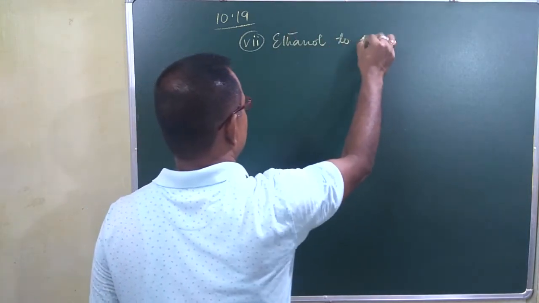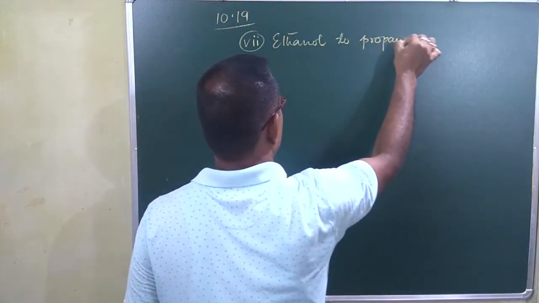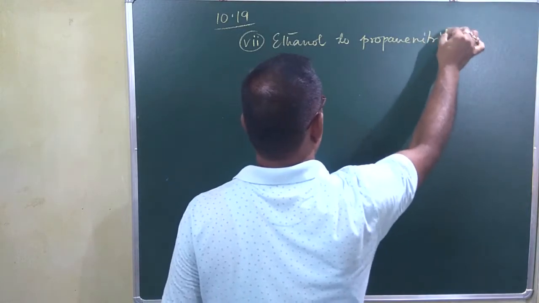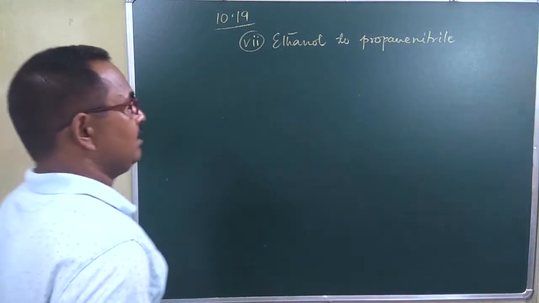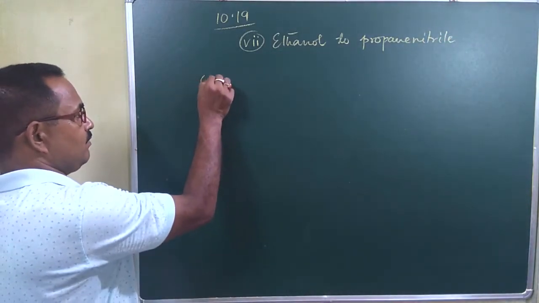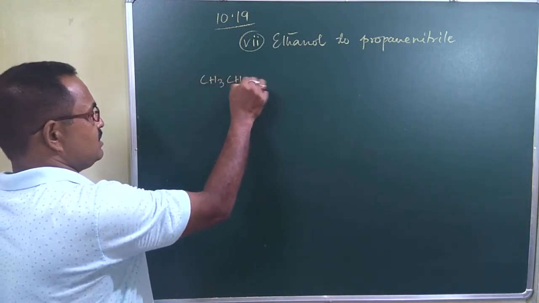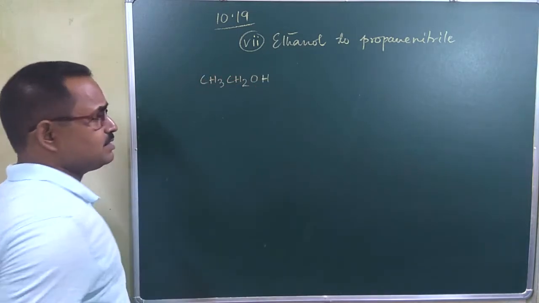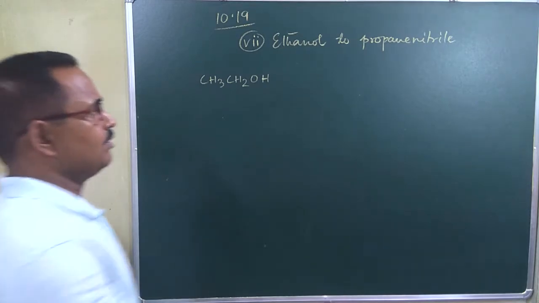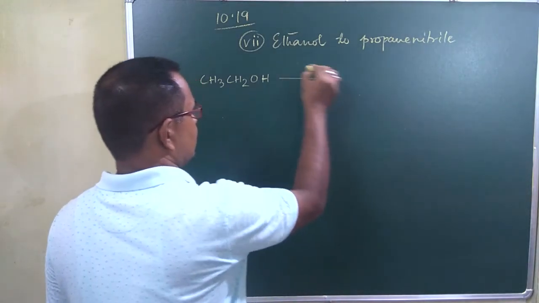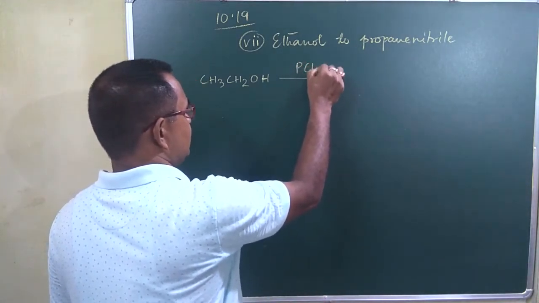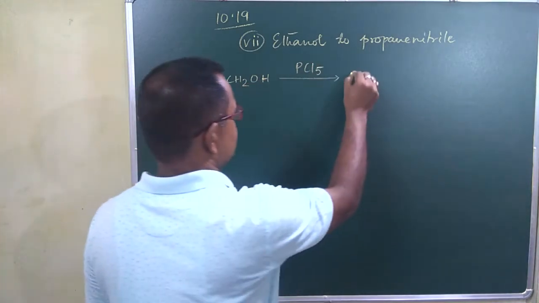Then come to number 7. Ethanol to propane nitrile. CH3CH2OH, this is ethanol. So PCl5 reacts with this.